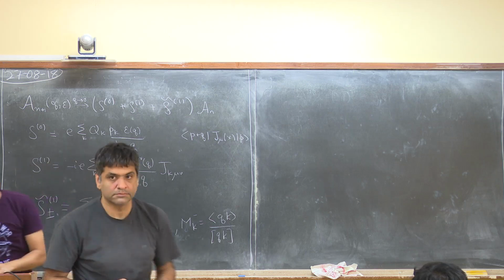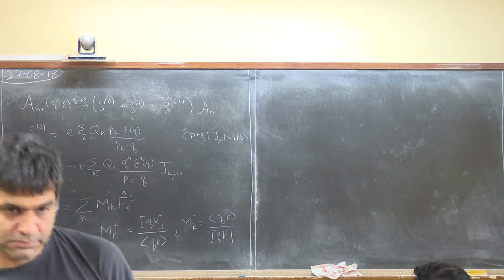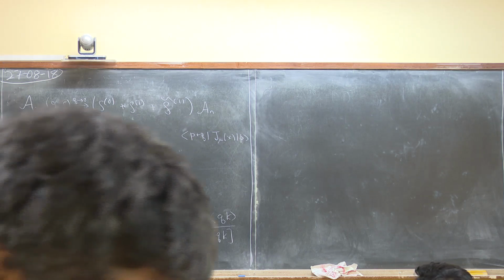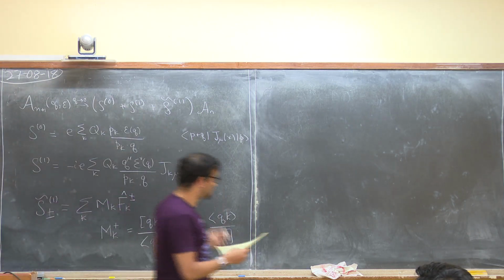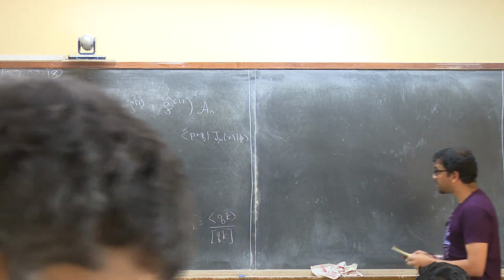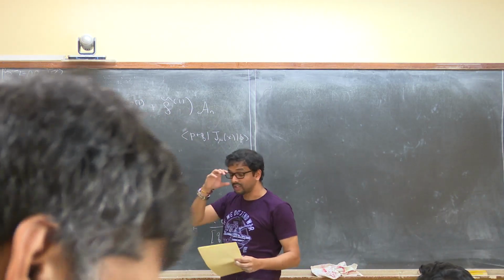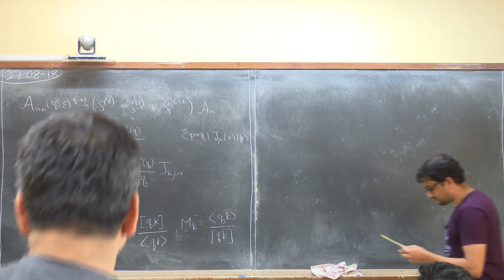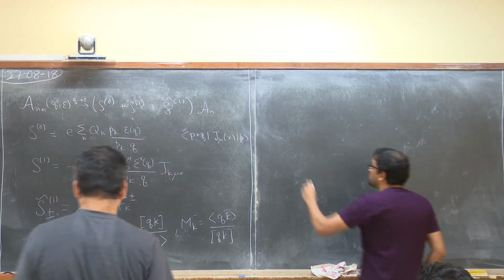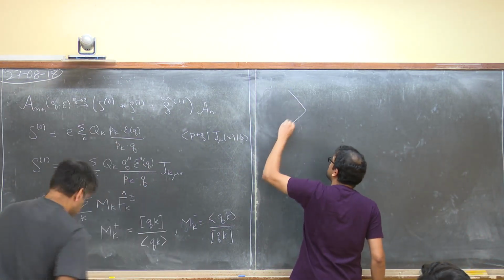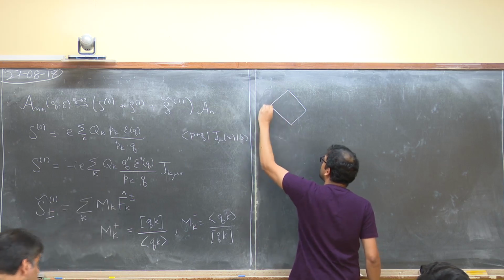Okay, so before I go to the subleading case, let me quickly review the leading case, because the arguments will be the same, and I'll also use one result from the leading case. Just for this moment, because I want to reproduce S0, I'm going to assume that the particles have charge. The S matrix, of course, is in flat space-time.